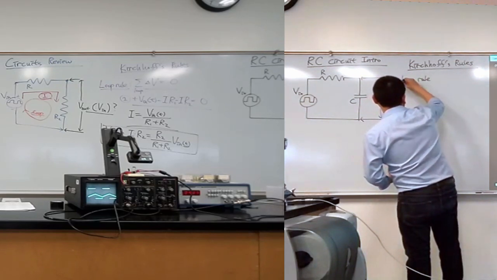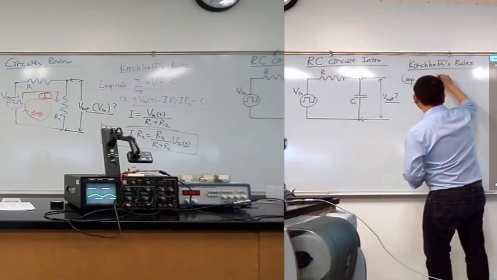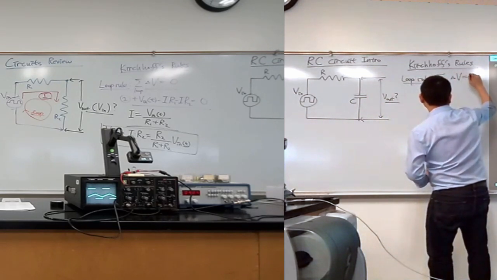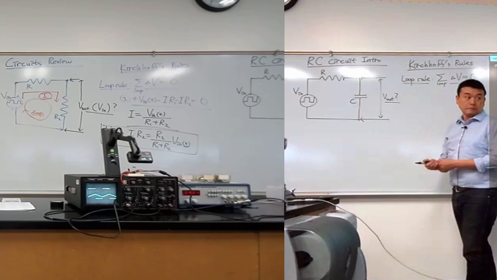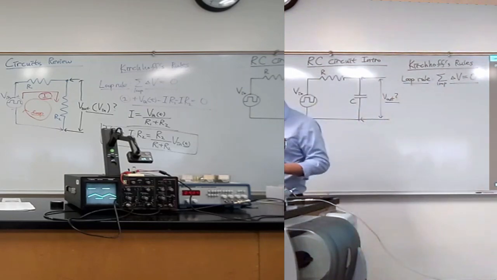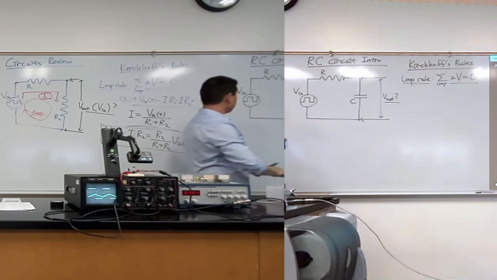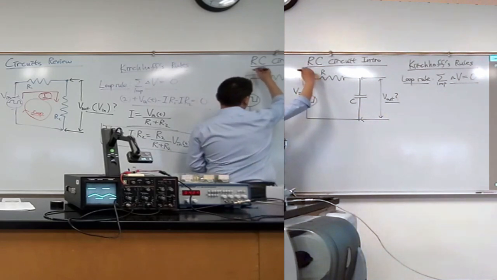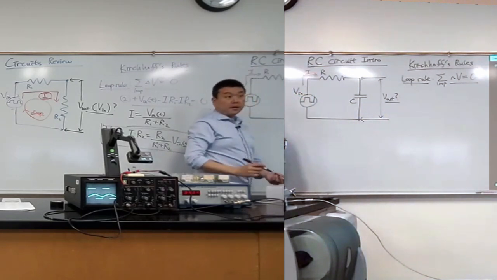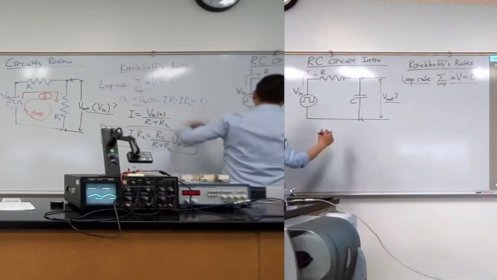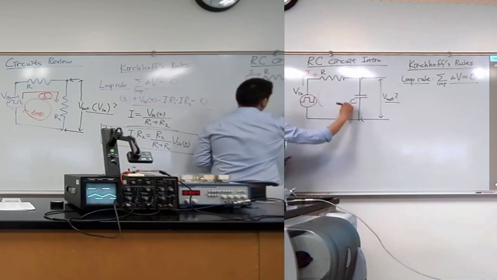The loop rule says if you go around the loop, adding up the change of voltage, that'll add up to 0. So I better define my loop. I first should define my current. So I'll say my current goes this way. And my loop, I'll pick the same loop I picked last time. So a loop that goes this way. This is my loop.